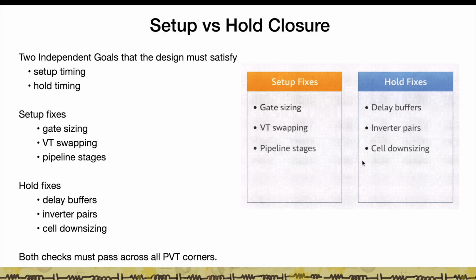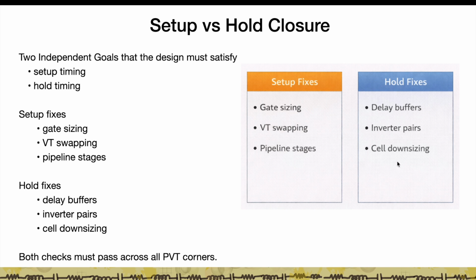Hold violations happen when data arrives too early, before the previous cycle's capture edge has safely passed. The fixes do the opposite. Slow the minimum path by inserting delay buffers, usually back-to-back inverter pairs, or downsizing cells to reduce drive strength. The tension is real.